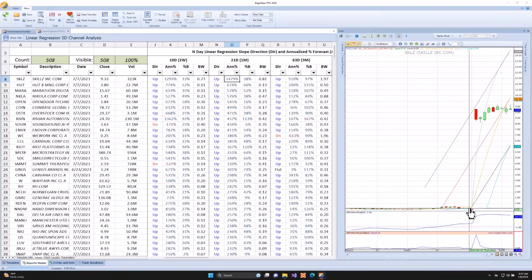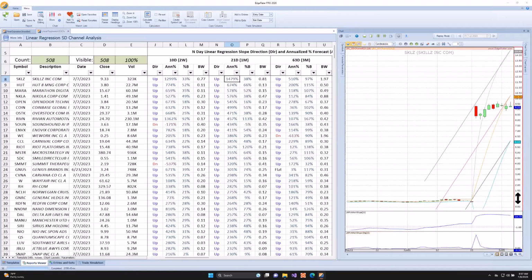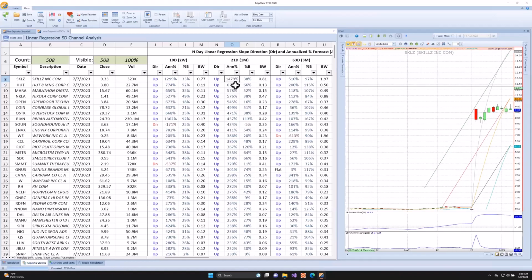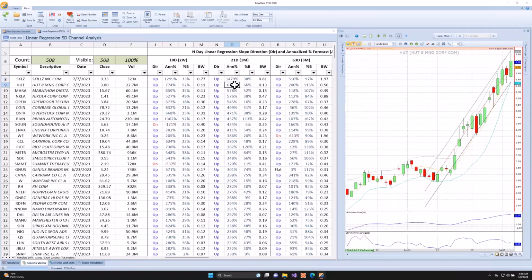And sometimes the providers of the data, even though they try their hardest to incorporate all splits into the database, sometimes they miss some splits. And so you see big jumps like this. So it could be one of those two things. You could always double check. But we always go down and look for things that are more reasonable looking.